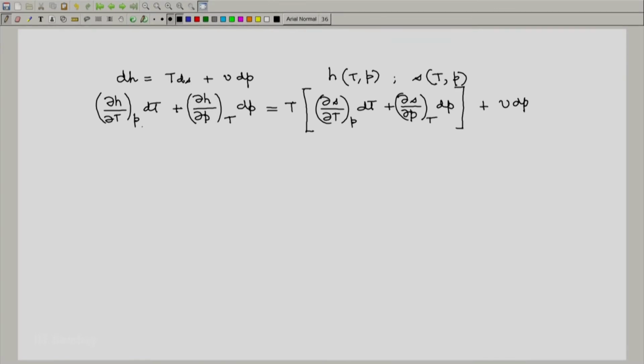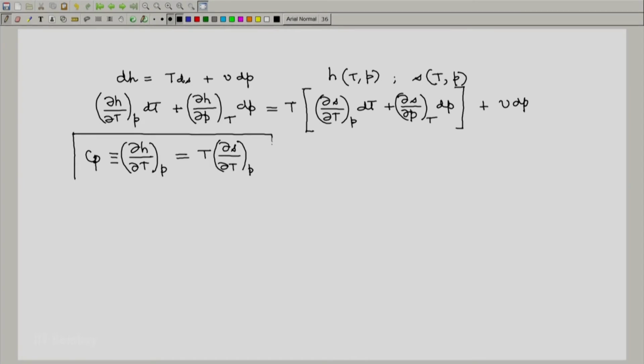And that gives us, comparing the coefficients of dT, partial of H with respect to T at constant P equal to T into partial of S with respect to T at constant P. But dH by dT is already defined as Cp, the so called specific heat at constant pressure, and hence we now have an alternative expression for Cp in terms of S, T and P.